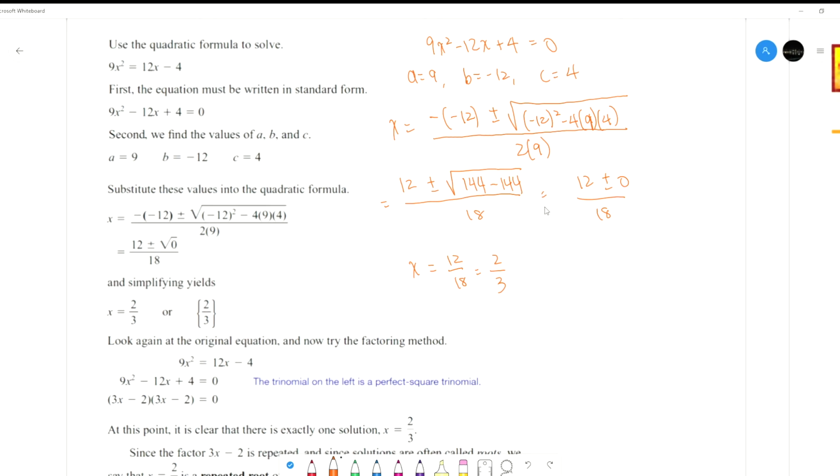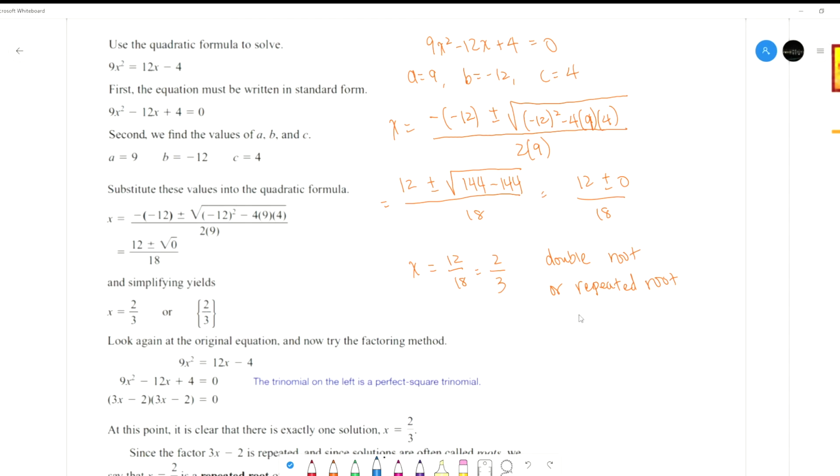It has one unique solution, but what that really means is it's a double root. This is called a double root or a repeated root. And if you recall, do you remember when we factored a perfect square trinomial?